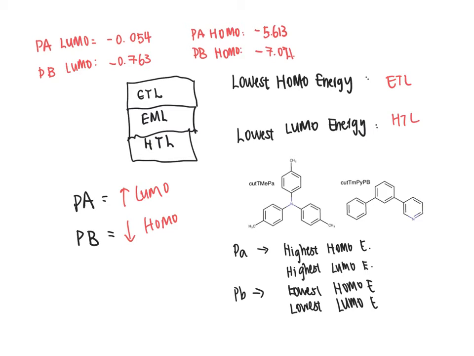In this case, we can draw the conclusions that PB is the ETL and PA goes to the HTL. While the higher energy HOMO allows the positive hole transfer to EML, the higher energy LUMO prevents the negative charge transfer to HTL after transition to EML, and the PB goes the other way.